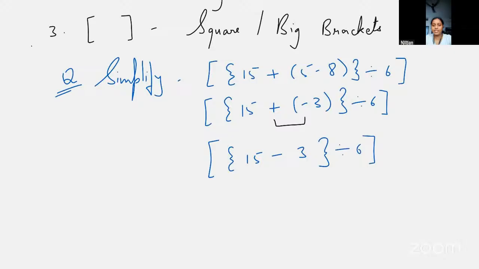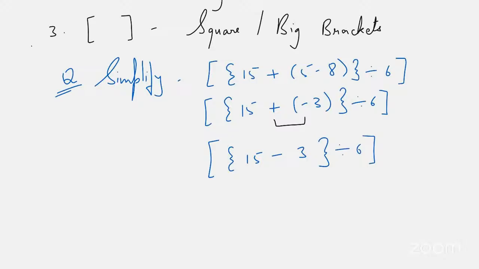One more thing: when you have solved the small bracket, you remove it in the next step. When I've solved the curly bracket, in the next step I will remove that. When I have solved the square bracket, in the next step I will remove that. When you have solved one bracket, you will remove it and write the answer.